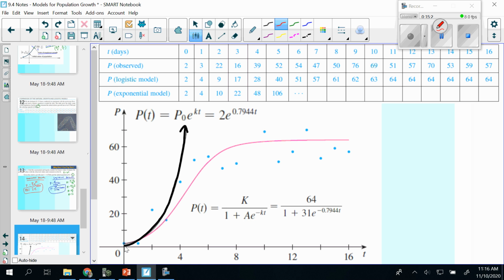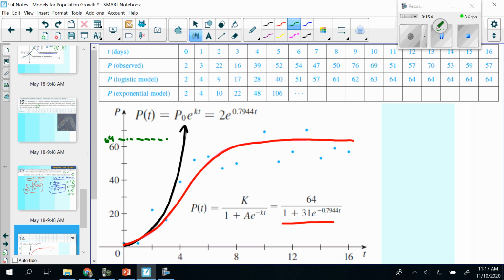This red one is the graph of our other equation, our logistical one. So again, it starts the same, and then somewhere here it's breaking off now and approaching our carrying capacity, which we said was at 64 here.